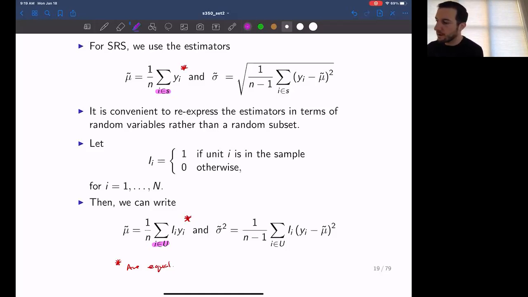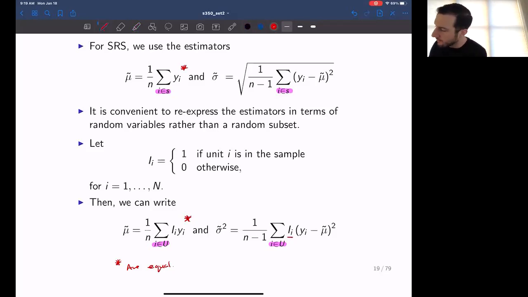It follows that the second two expressions, although in this case we can't say that they are equal because in the first case I wrote it as sigma tilde, and in the second case I wrote it as sigma tilde squared. However, it's the same principle. So you can see here we have the summation over the sample size versus the summation over the frame.